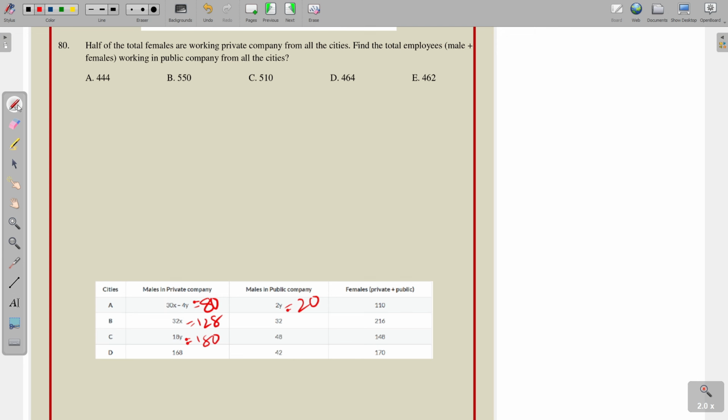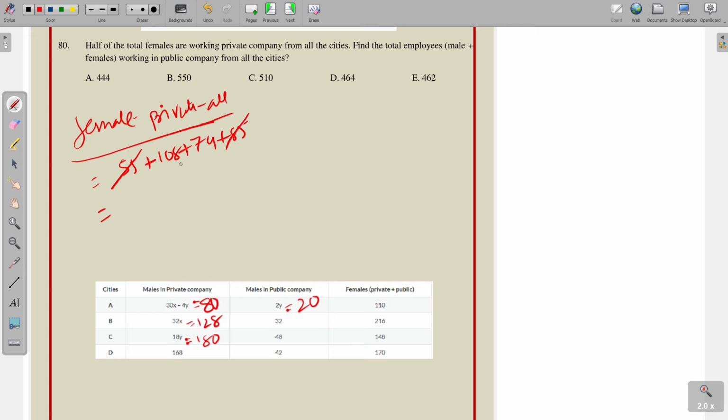Half of the total females working in private companies from all cities. It is 110, so half is 55 from A; 216, so 108 from B; 148, so 74 from C; 170, so 85 from D. The total is 322.